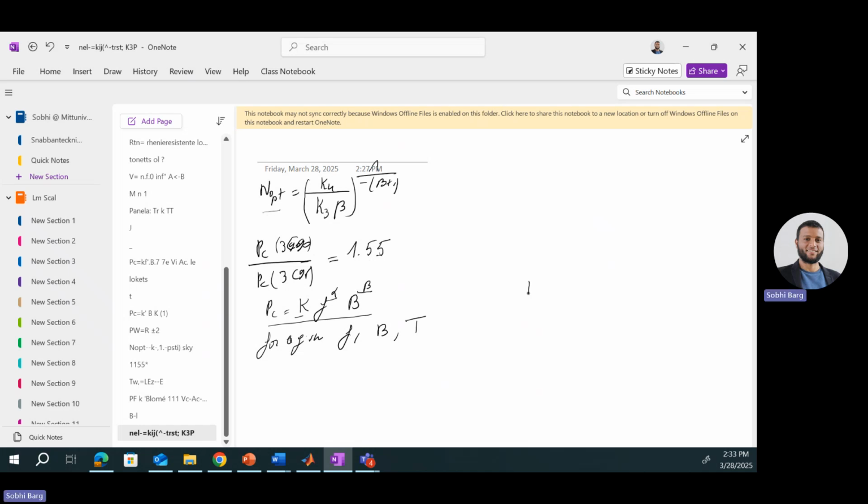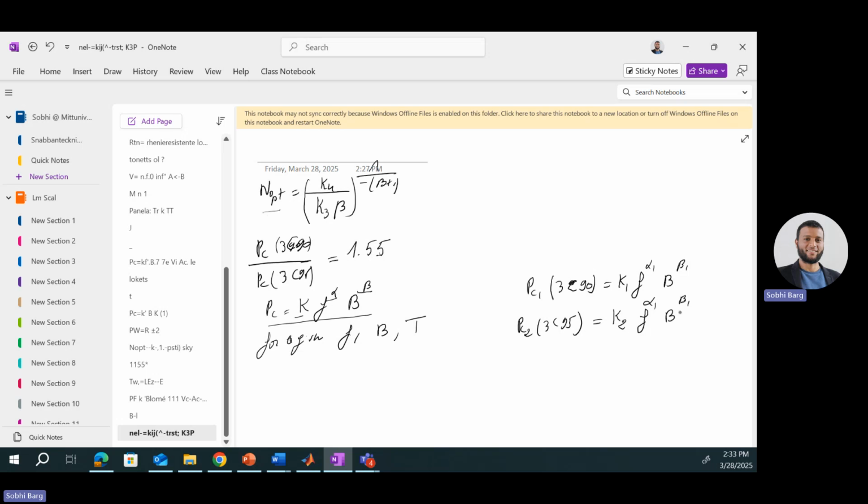So PC1 for 3C90 could be written as K1 times f to the power of alpha 1 and B to the power of beta 1. We can do the curve fitting for PC2 for 3C95, and this will be equal to K2 times f to the power of alpha 1 and B to the power of beta 1.